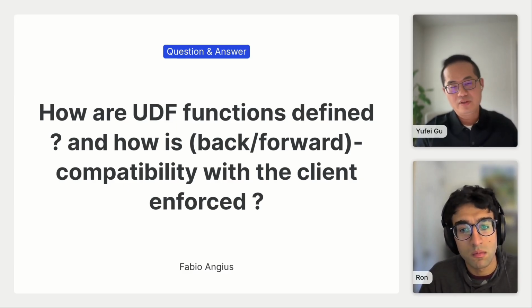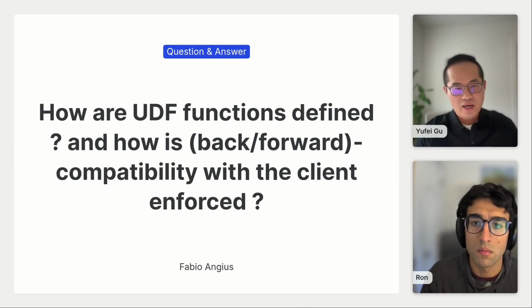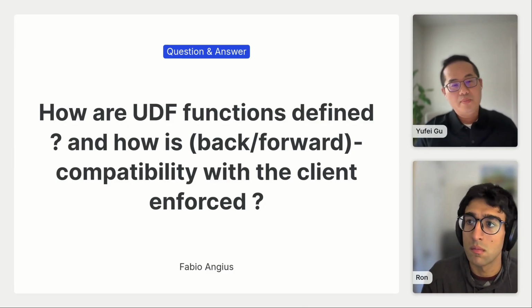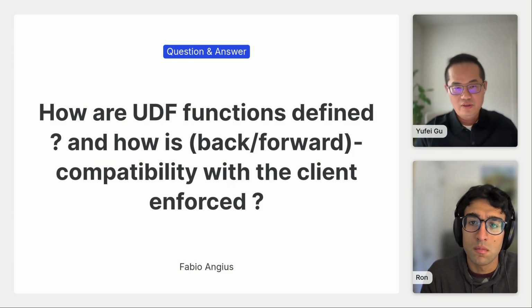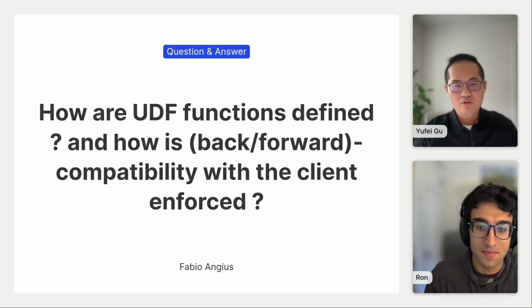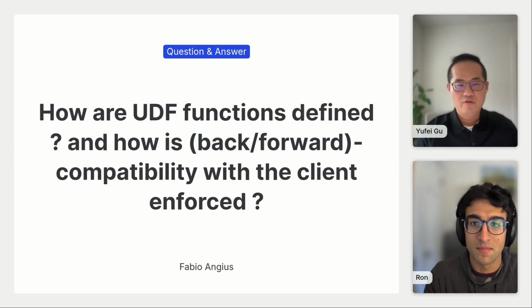We will store them as a metadata file, just like the table metadata file, but in different formats for sure, different metadata. And how is backward compatibility with clients enforced? Because I'm talking about SQL UDF, right? There's no single solution for SQL UDF. It's still dialect representations for each engine. You can for sure provide multiple versions to support rollbacks, right?